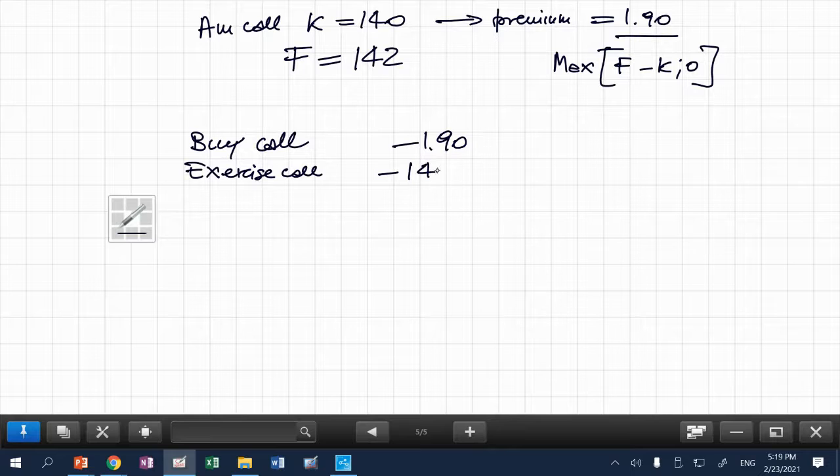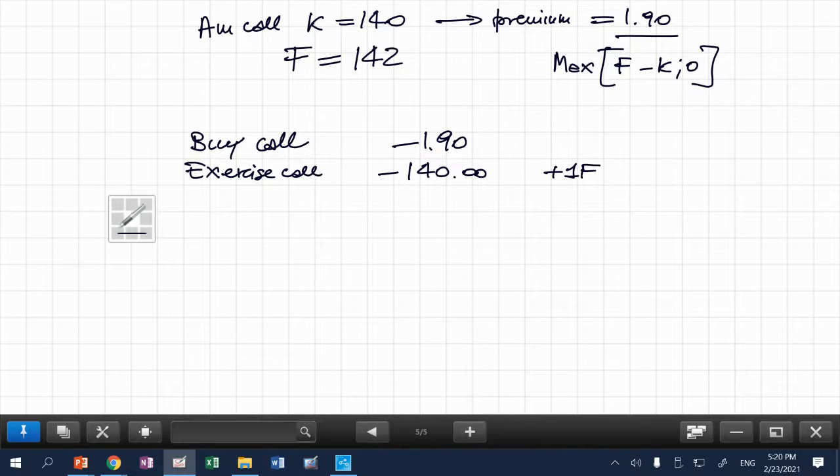First, you pay 140. The second thing is you get 1 future contract, okay? So overall, you have obtained 1 future contract by paying in total 141.90, okay? Here, the 1.90 is paid immediately because since you exercise before maturity, you have to pay the premium instantaneously, okay?